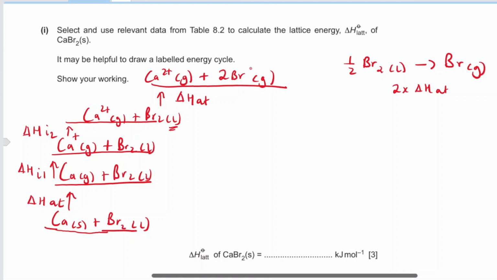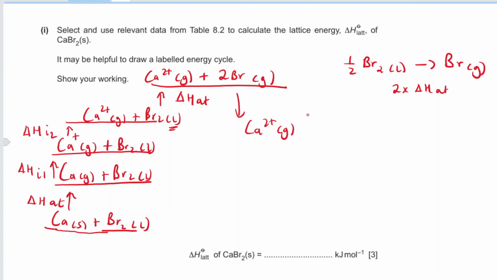Now here we have this one. Now we have to form the bromine ion, so we have to add an electron to it. And this will be the first electron affinity. So this will be Ca2+ gas plus 2Br- gas. See, there's two of them. So you will have Br- times 2. So the first electron affinity of bromine times 2, is what we will form over here.